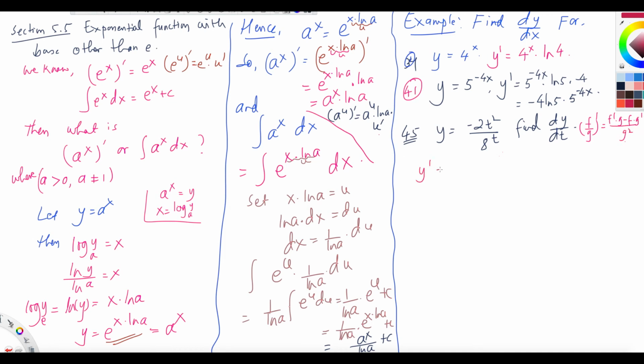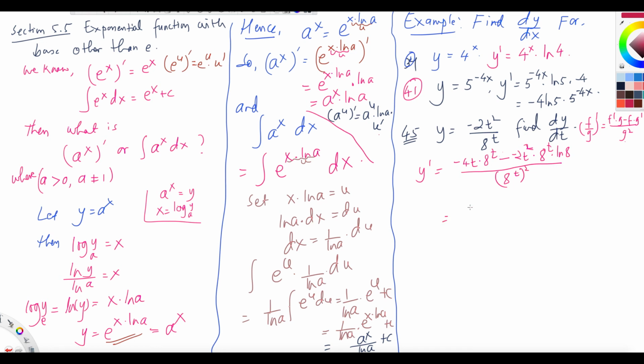So y prime equals negative 4t, because the derivative of negative 2t squared is negative 4t, times g, which is 8 to the t, minus f, which is negative 2t squared, times g prime. So what do you think the derivative of 8 to the t is? It is 8 to the t times ln 8, right? You see that? 8 to the x times ln a. It's the same thing. Divided by 8 to the t, whole squared, right?